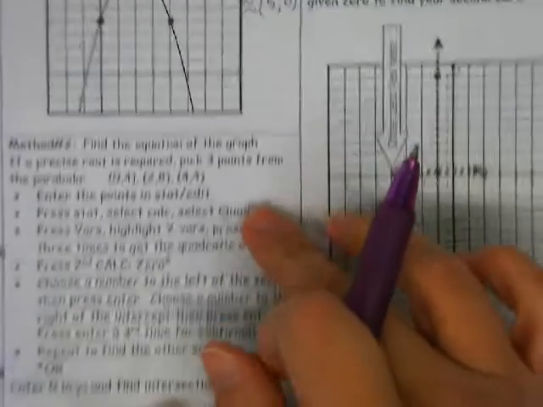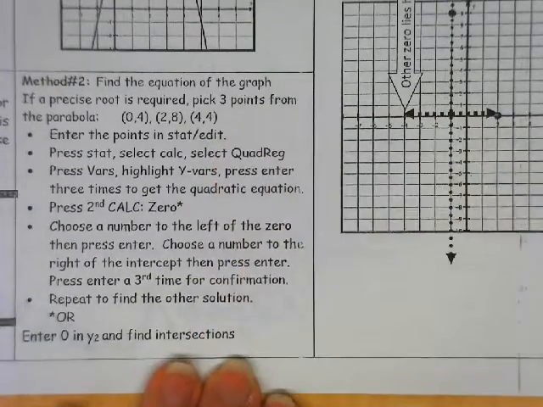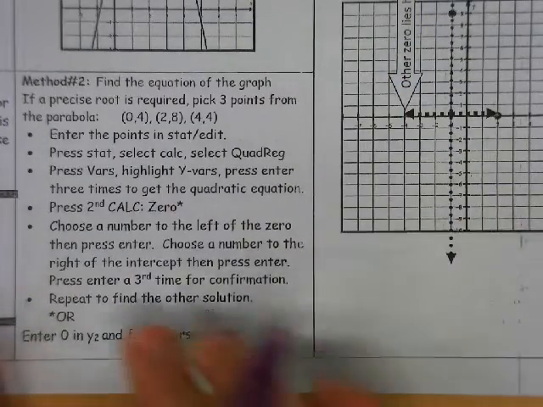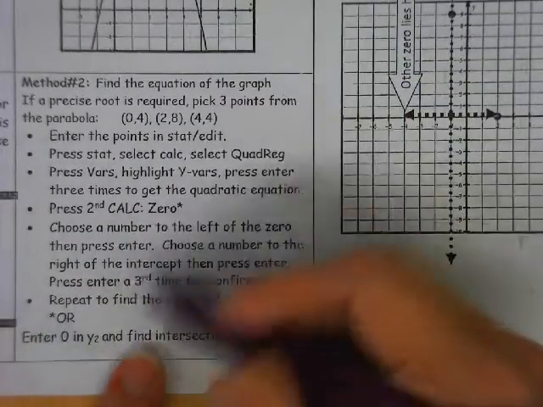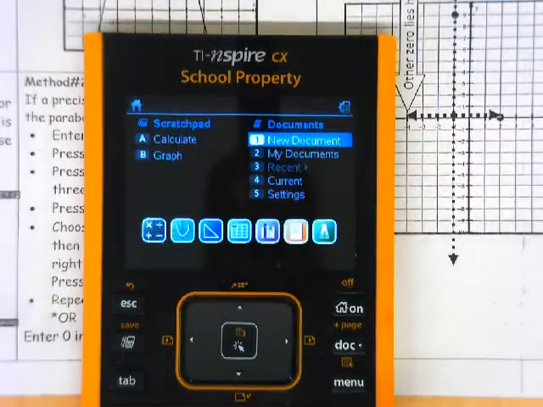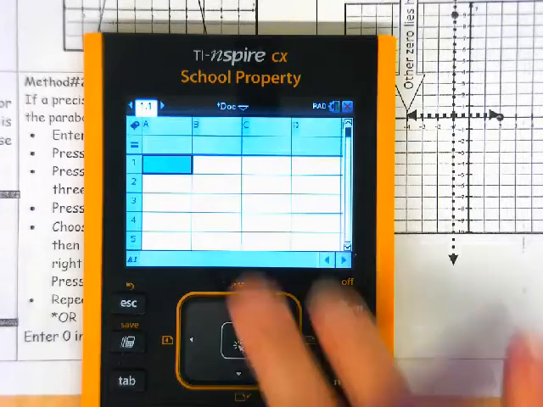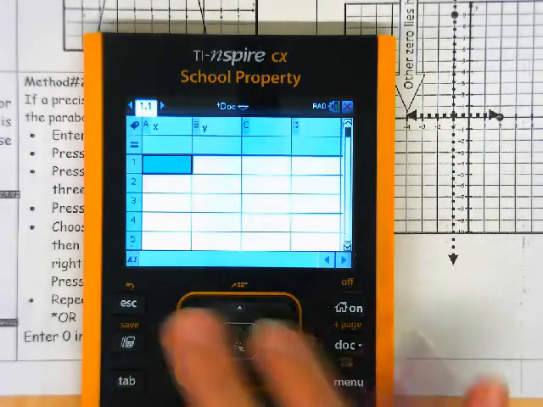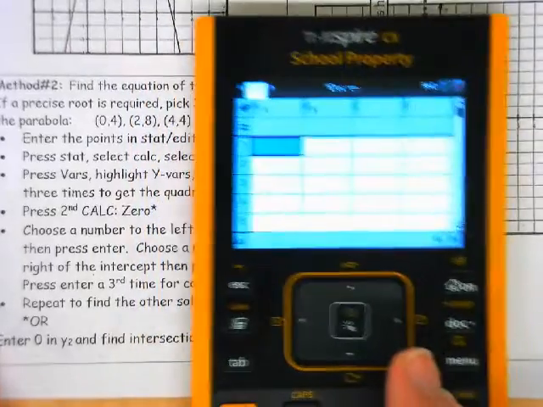So look, it tells us down here, we're going to go to list and spreadsheets. This might actually be the old direction, so we'll adjust that. So we're going to go to list and spreadsheet, so new document number 4. Don't forget the X and Y. Most of you are getting really good at putting that in, but some of you are like, it still won't let me do it.